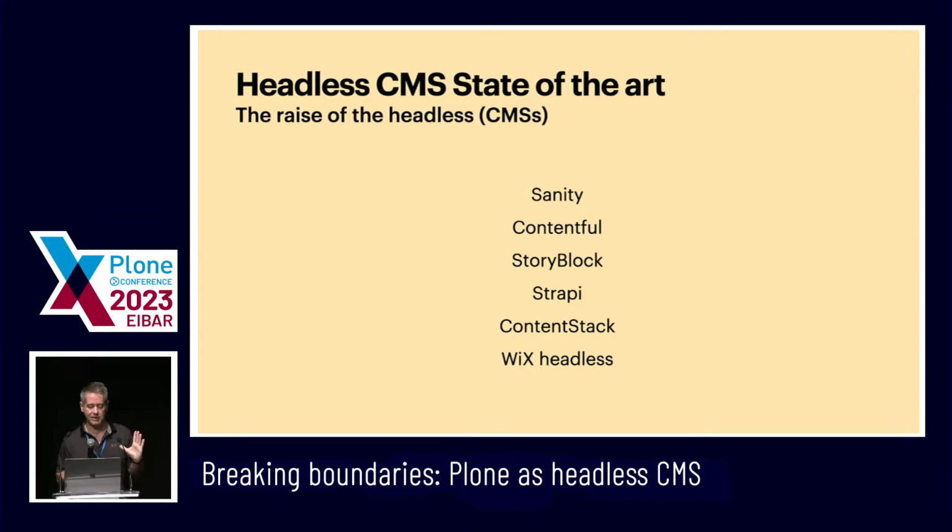So as a curiosity, I wanted to know what they were providing and what they sum up to the headless picture, right? And what's the price also that they are asking? All of them normally are SaaS services in the cloud.